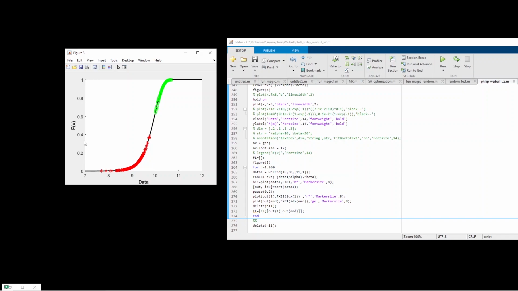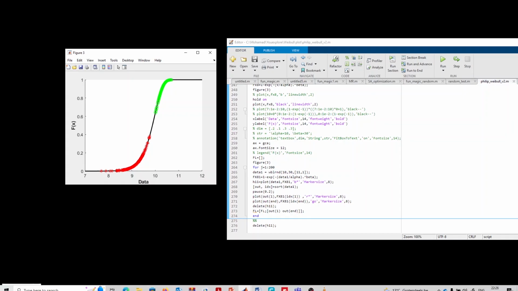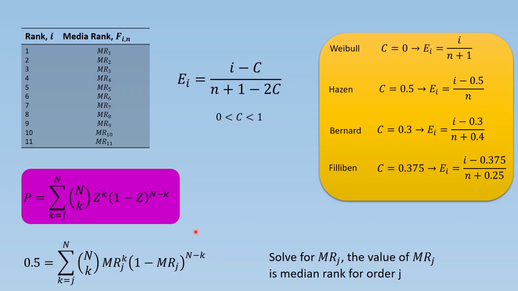Now that we understood the concept, I will tell you how to calculate the median from this distribution. In order to calculate the median rank very accurately, we have to use this formula. This is the exact formula. If you want to find, for example, the median rank, then this P is 50%, so 0.5. And basically, we have to solve this equation multiple times.